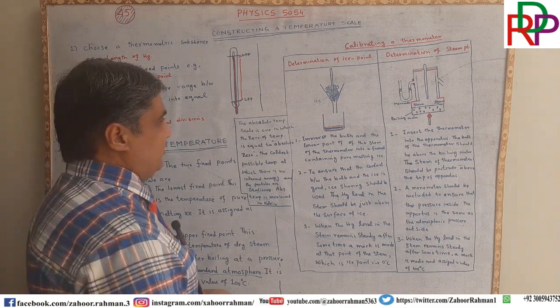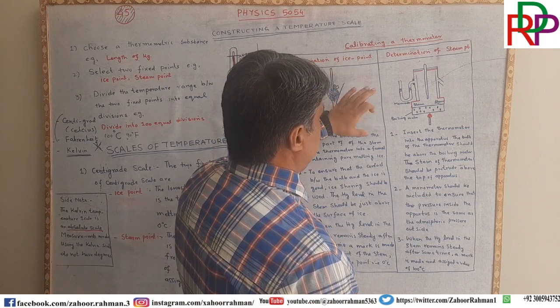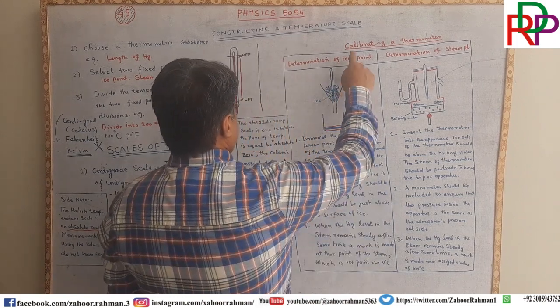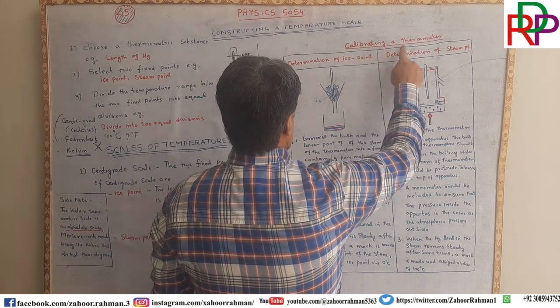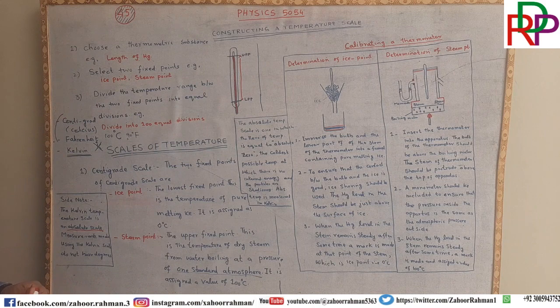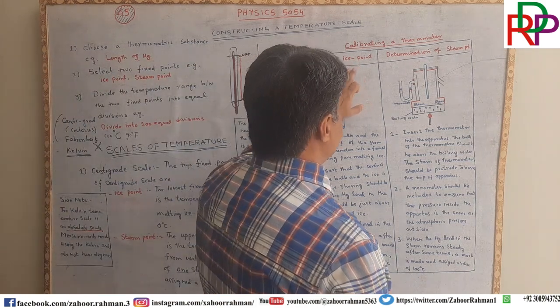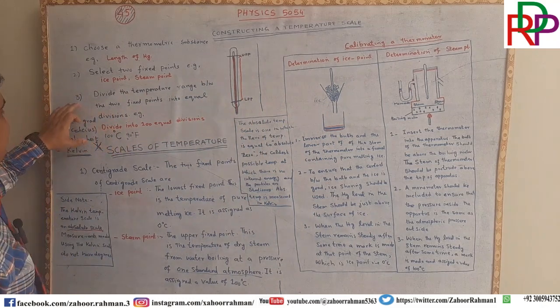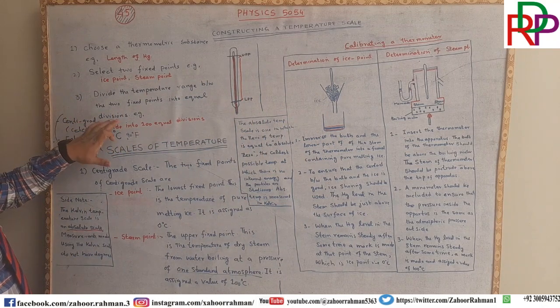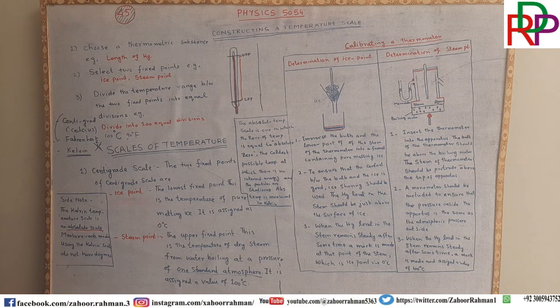For that particular purpose, we are performing two different experiments, and the topic name is calibrating a thermometer. We have to determine the ice point, because we have two fixed points, and now it is the turn of practical work.